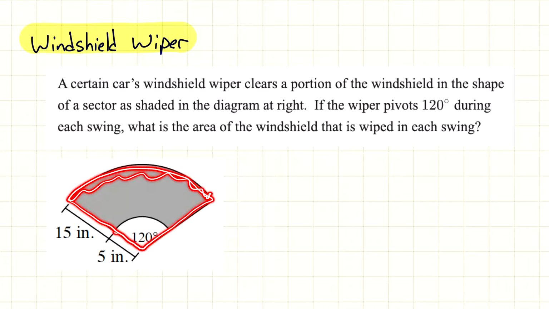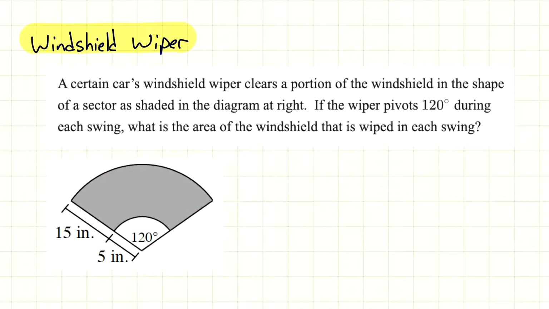Most of us are going to eat it from the pointy end, and you eat a portion of it, then that means there's a piece missing, and you would ask yourself, well, how much pizza is left? That's really the situation we have here. We have a large slice of a circle, but there's a piece missing. This white portion is missing. So we need to figure out what that is equal to and subtract it from the larger piece.